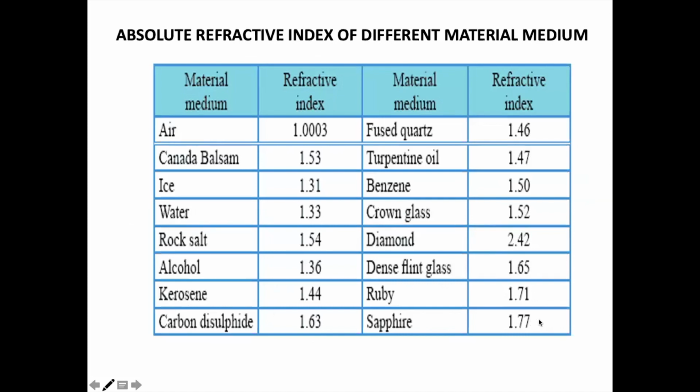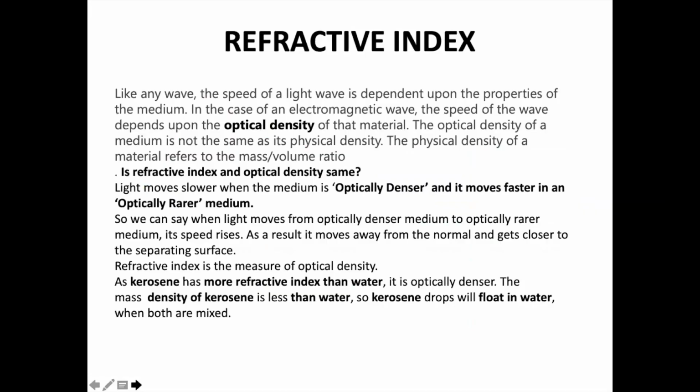And sapphire 1.55. Diamond is 2.42. Highest is diamond. So remember diamond, air, water, kerosene, and ruby. Quartz, I told you, is nearly 1.46. So refractive index, I think you all know very well what it is. We will know the speed of light in different mediums on the basis of refractive index.